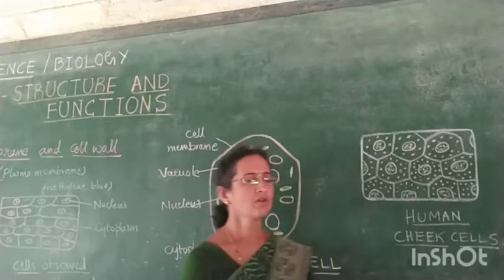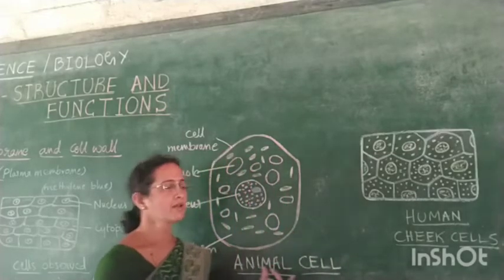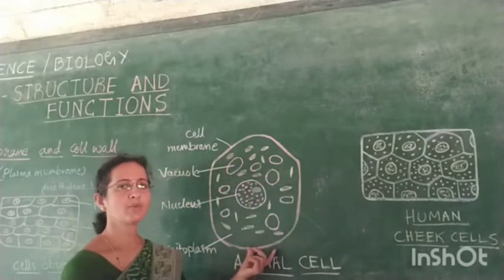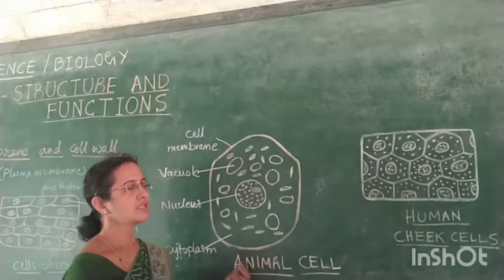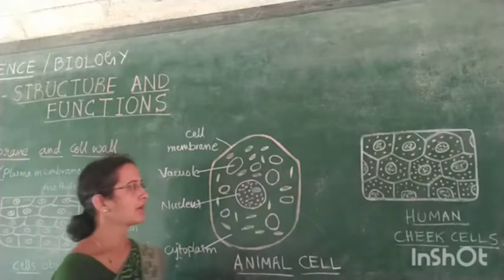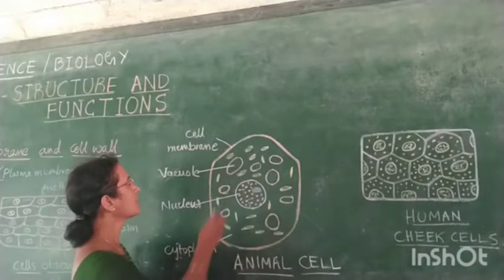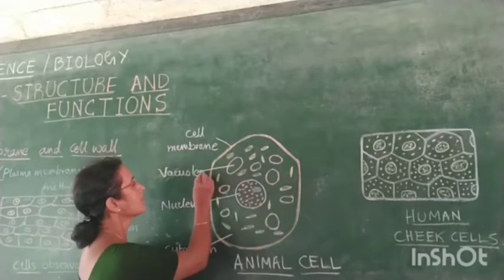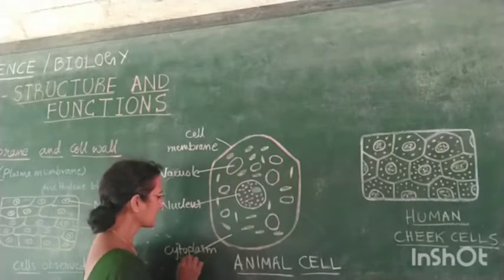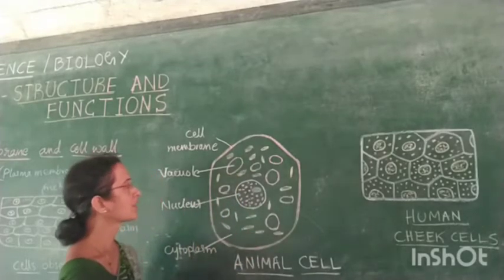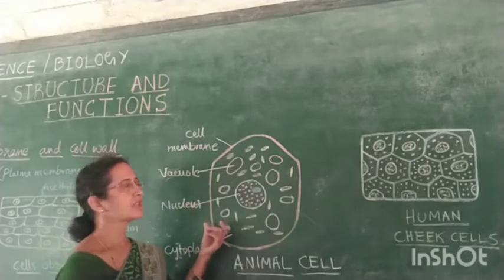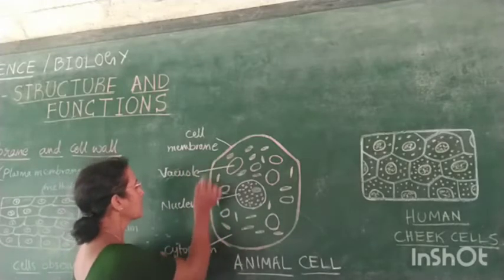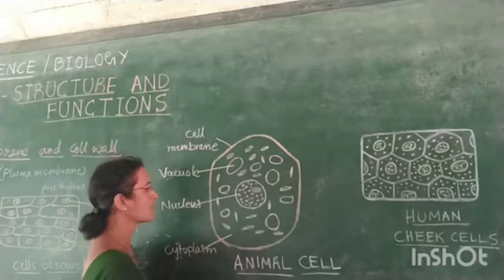Here you can observe the animal cell, which has only the cell membrane, and the cell wall is absent. This is the ultrastructure of the animal cell, where you are observing the cell membrane, vacuole, nucleus and cytoplasm. As I said, there are three main parts of the cell: the cell membrane, nucleus and the cytoplasm.